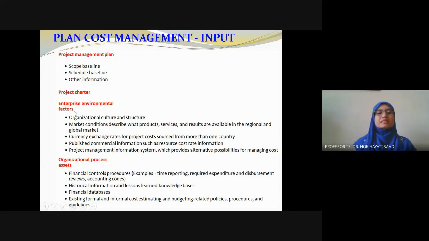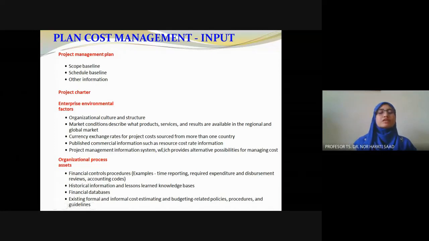So, project charter and enterprise environmental factors are about the conditions of the company and the environment related to the market, the economy, in terms of currency exchange, published commercial information, and anything involving import and export.